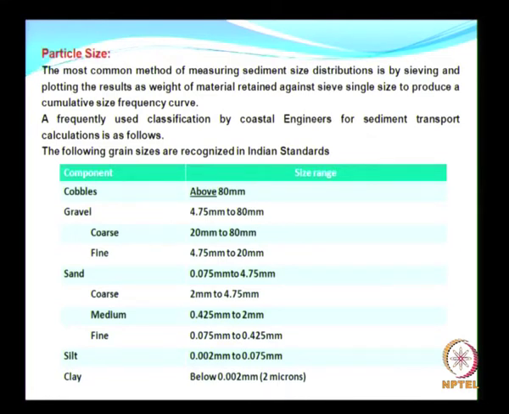Then you have silt, wherein the size varies between 0.002 millimeters and 0.075 millimeters. Is that clear? Then finally clay, which is below 2 micron or 0.002 millimeters. So this is the broader classification of the sediments that we deal with in the marine environment.